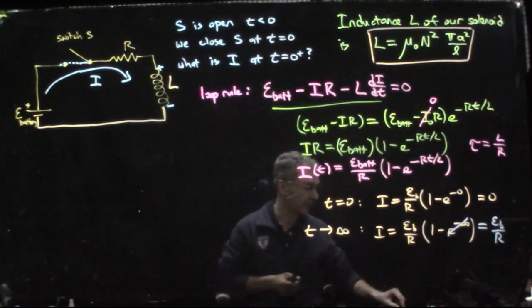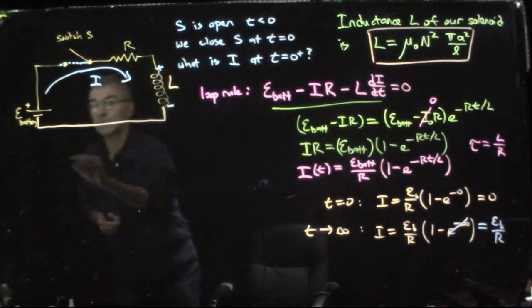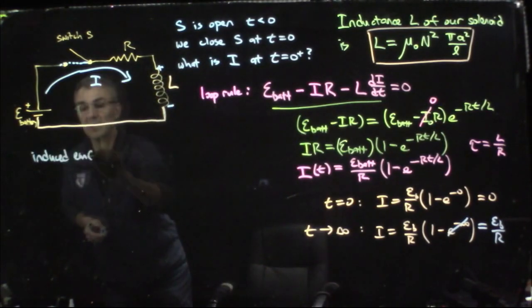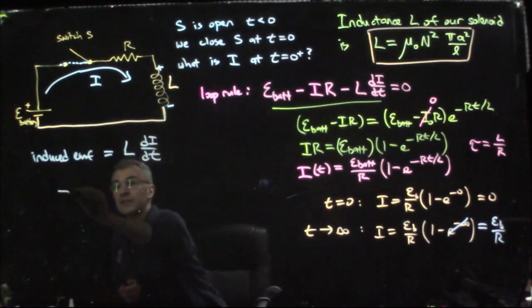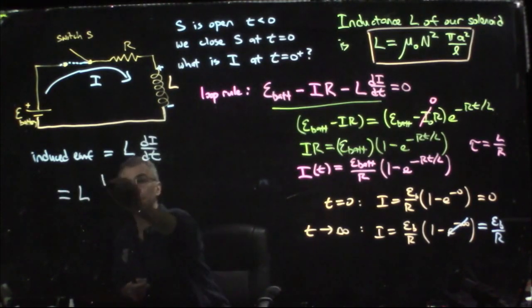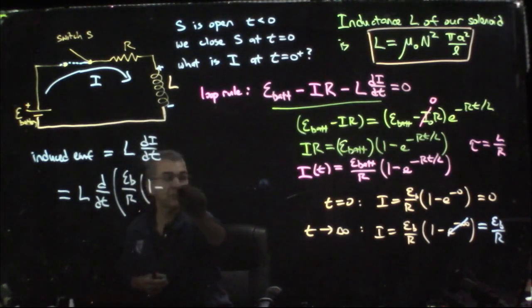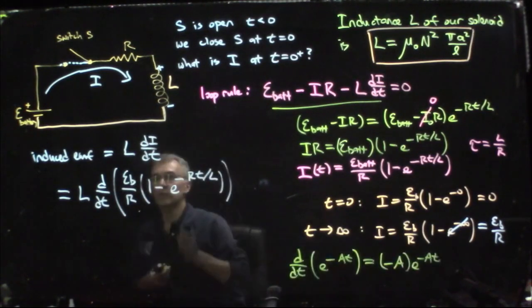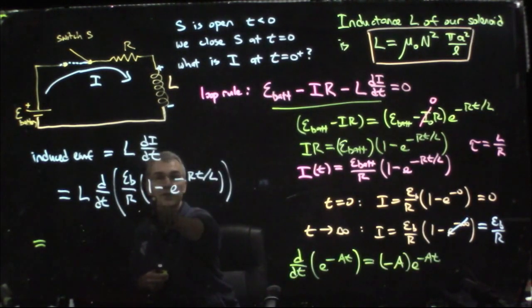And now we can work out the induced EMF in the inductor versus time. So the induced EMF is L di dt. So that equals L times d by dt of the battery EMF over R, 1 minus e to the minus RT over L. Okay, so this 1 does not vary with time, it's a constant.